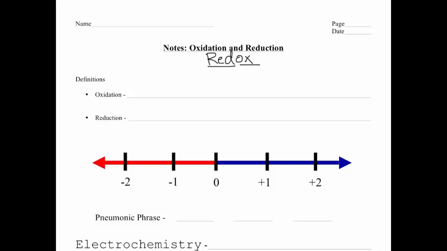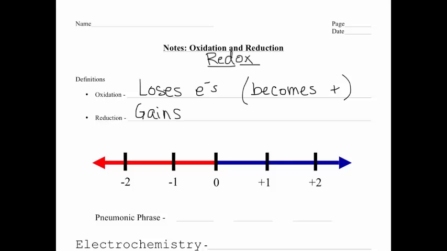Oxidation means that the element loses electrons. And we know that when it loses electrons, it becomes more positive. With reduction, what happens is the element will gain electrons, and therefore it becomes more negative.